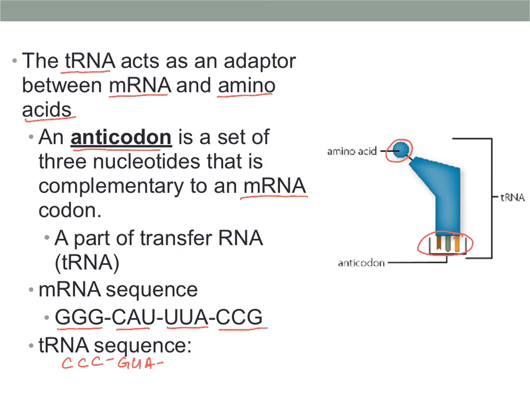From UUA, it would be AAU, and from CCG, it will be GGC. So these would be the anticodons found in the transfer RNA that would link up or bond to the codons on messenger RNA during translation.